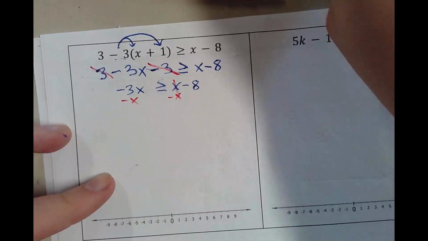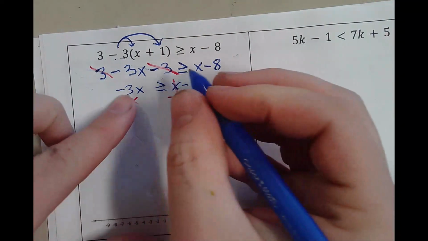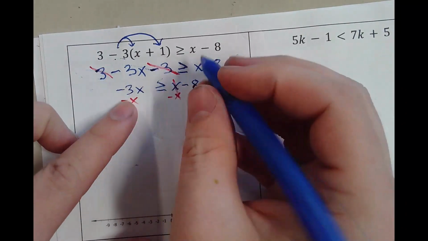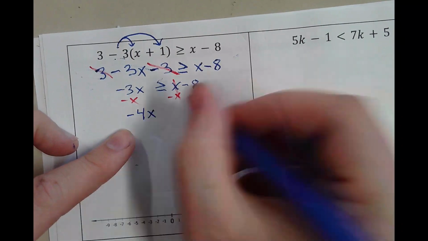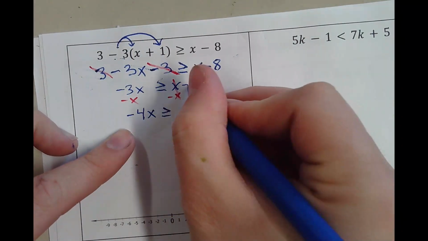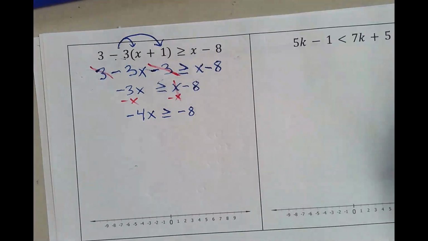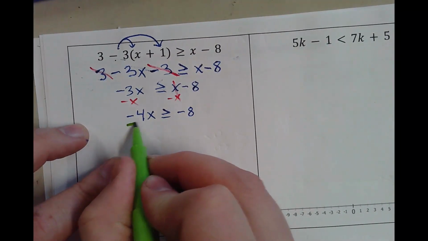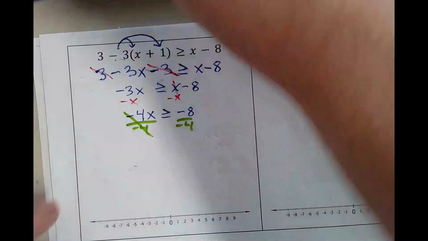And that gives me one of my last steps in this problem. Negative 3x minus x is negative 4x. And we have a negative 8 on this side. Okay, last step, how do I get x by itself? Yeah, you got to divide by a negative, and here's the thing.